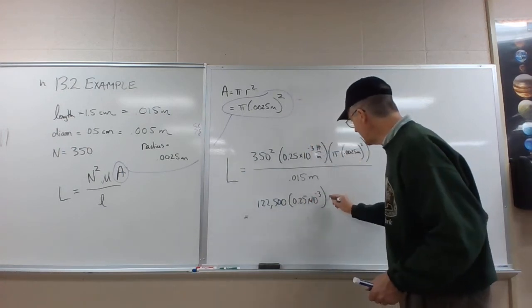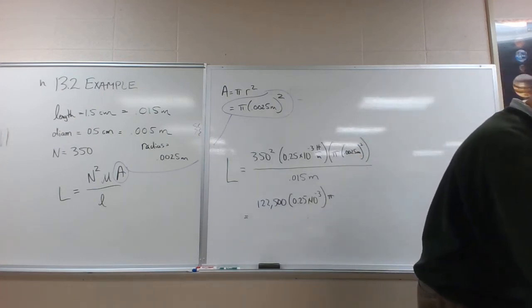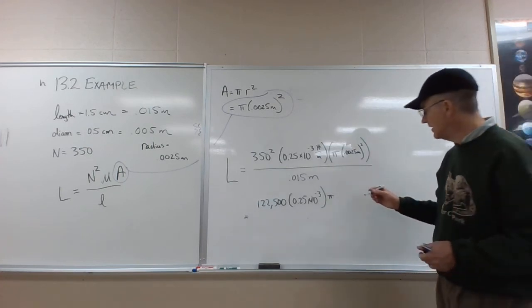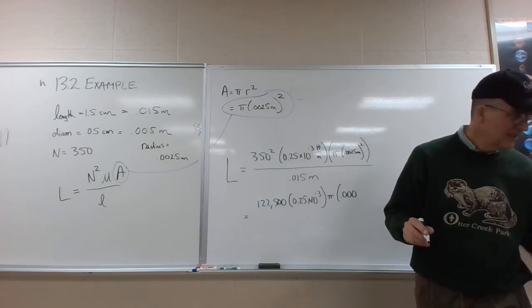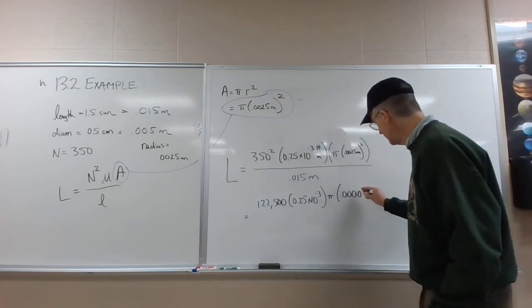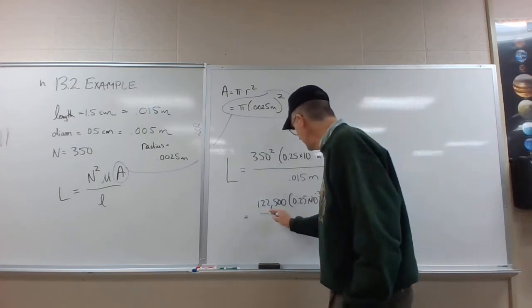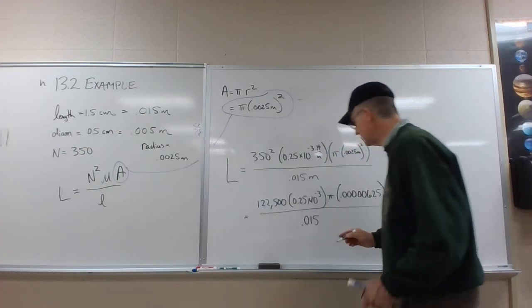Then I got pi. Then I got 0.0025 squared. So that's 0.000000625. And then all that is over 0.015.